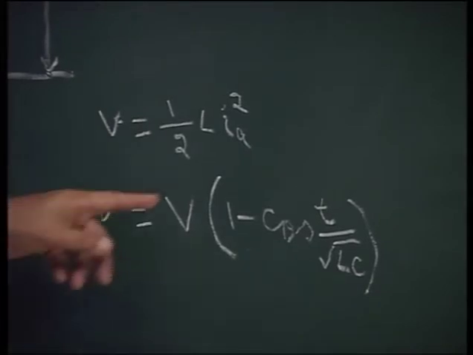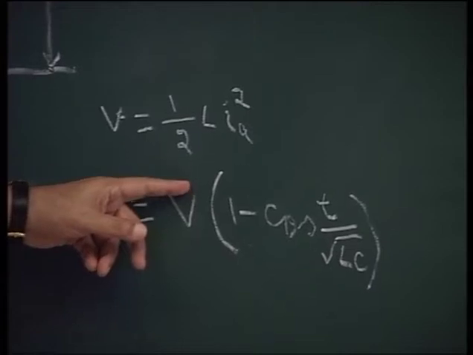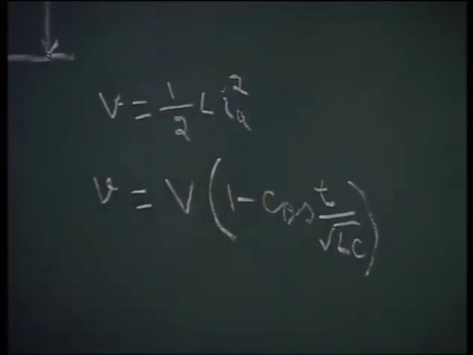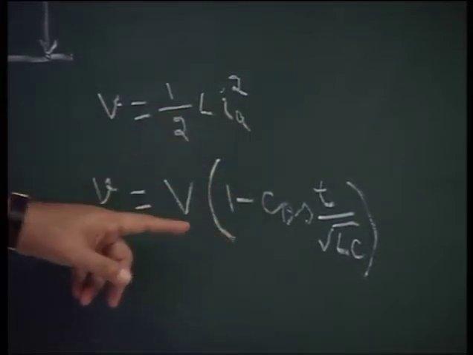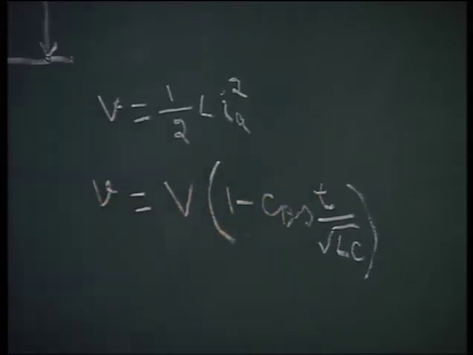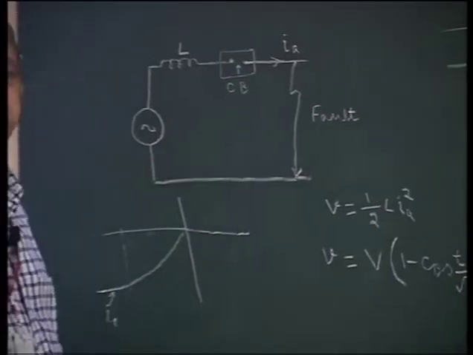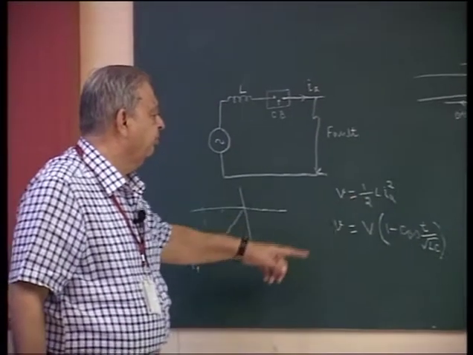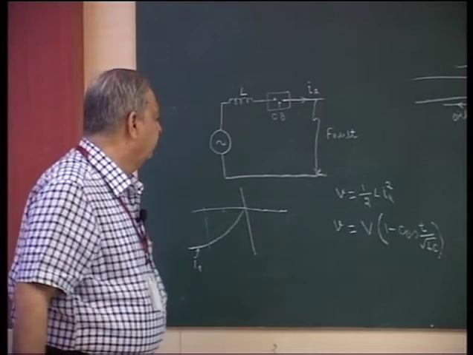So capital V is the maximum transient voltage. Cos of 1 by root LC into T is the wave of high frequency transients. Then at any instant T, the voltage induced here, or that is the same as between these two points, will be given by this expression. So this is a very high voltage so produced.